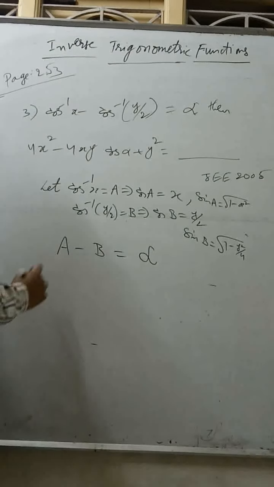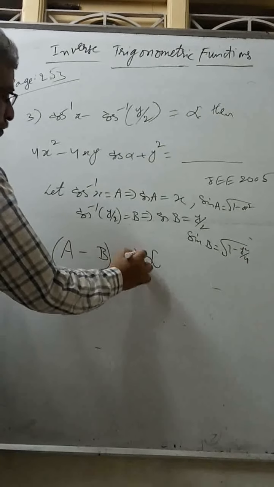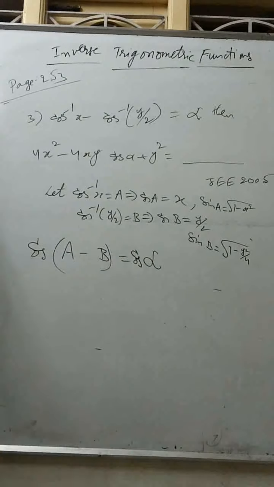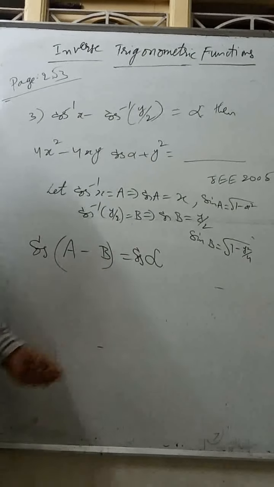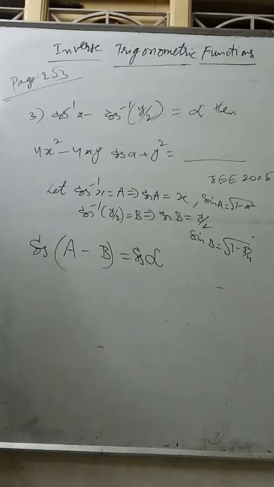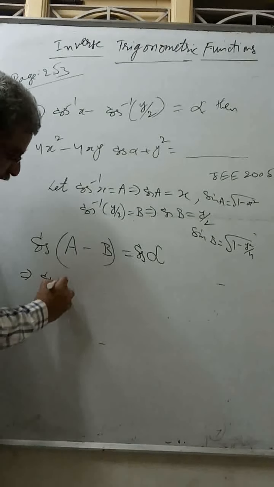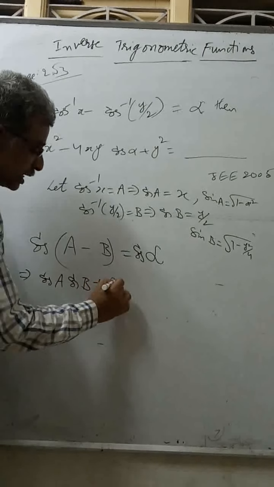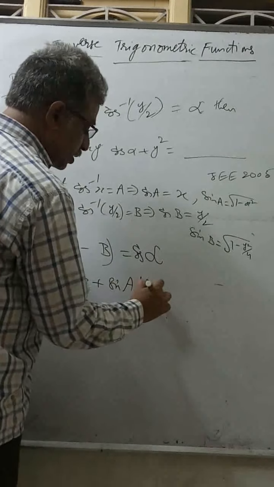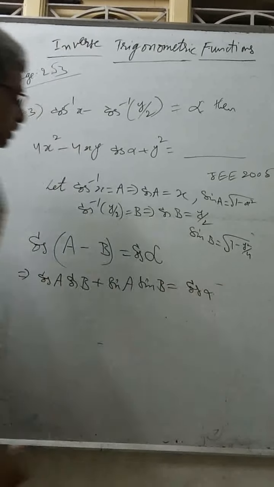Applying cos on both sides, cos of A minus B equals cos alpha. The cos of A minus B formula I know: cos A cos B plus sin A sin B equals cos alpha, as it is, no change in this.